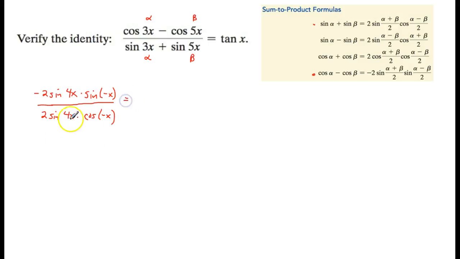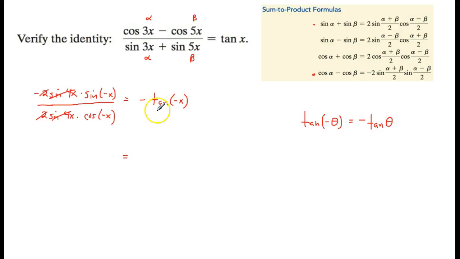Alright, now let's simplify. Obviously this will cancel. A negative divided by positive is a negative, so we got a negative, and this is sine divided by cosine is tangent of negative x. But this is where we use our odd properties of tangent. Tangent and sine are odd functions. So if you remember the odd property, tangent of negative theta is the same thing as the opposite of the tangent of theta.